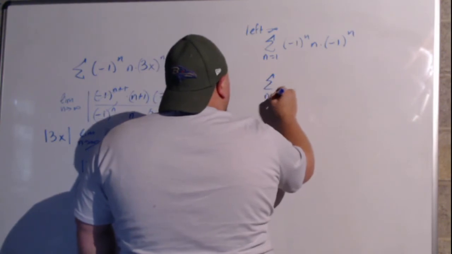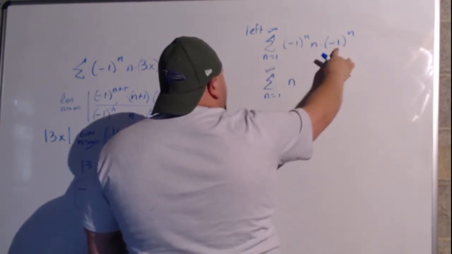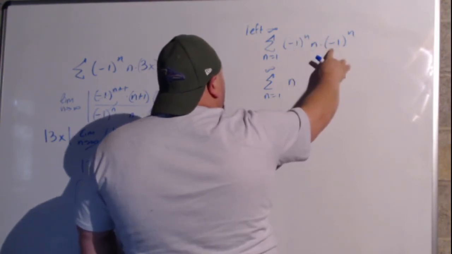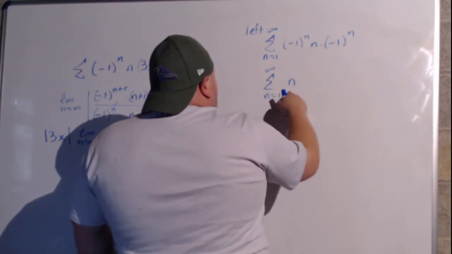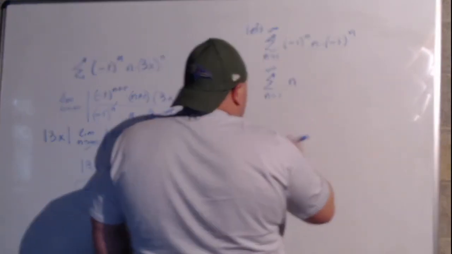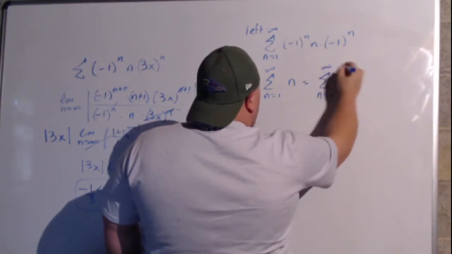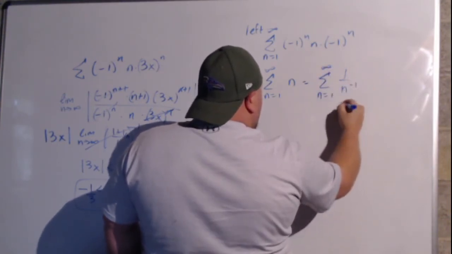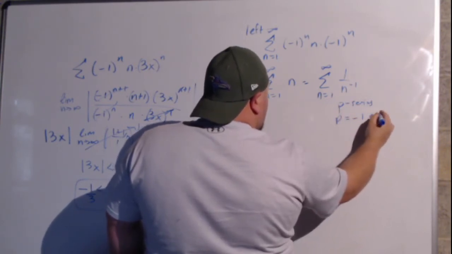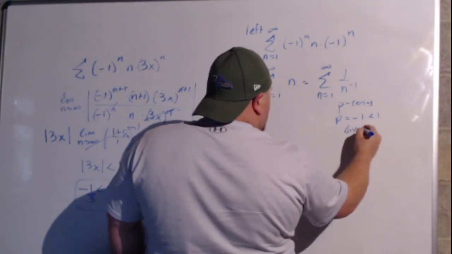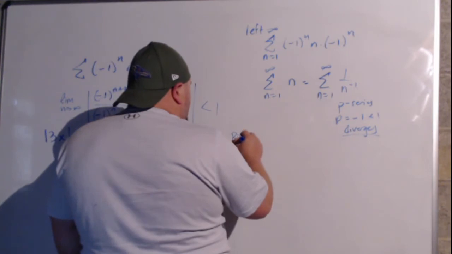So this all just becomes sum of n, because negative 1 to the n times negative 1 to the n becomes 1. Sum of n, I can tell you right now it's going to diverge, but we can turn it into a p-series. It's 1 over n to the minus 1. P-series, p equals negative 1. It's less than 1. Diverges. That means we do not include that endpoint.